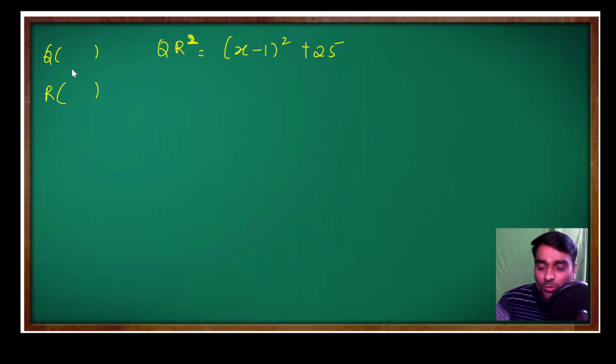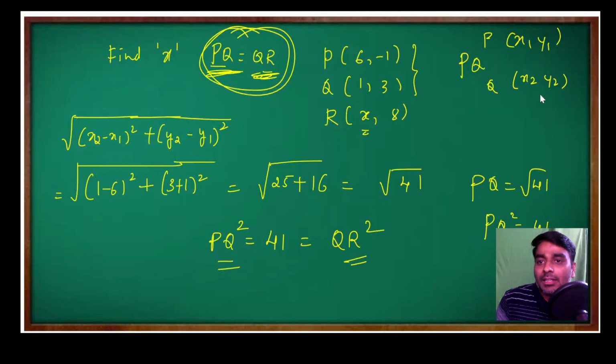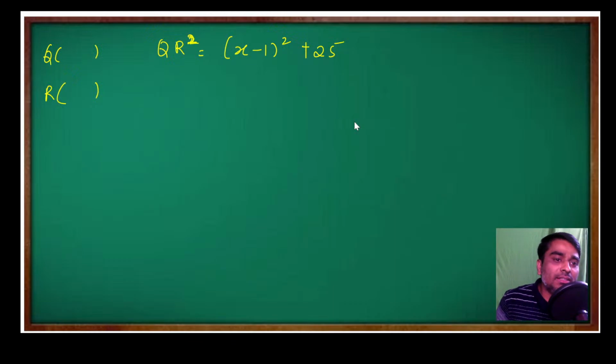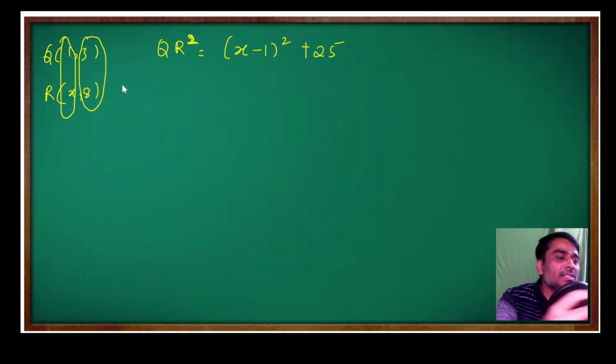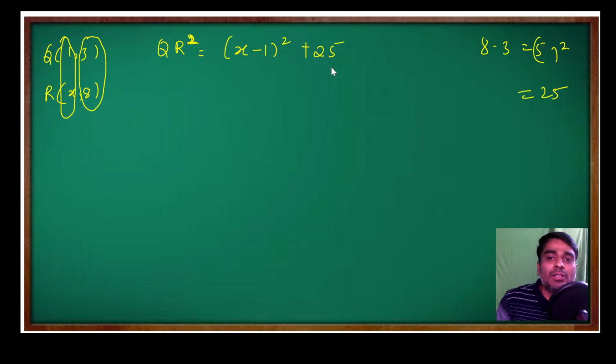Q is (1, 3) and R is (x, 8). So (x minus 1) the whole square. Keep like this only. Then (8 minus 3) the whole square. What is 8 minus 3? 5. And what is 5 square? 25. So here I have 25.